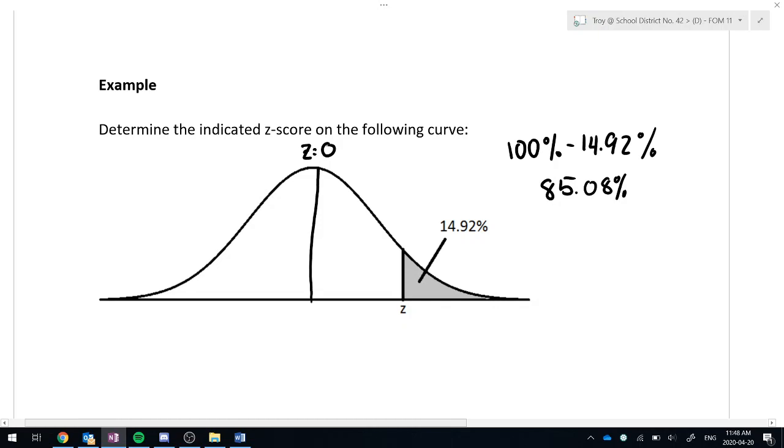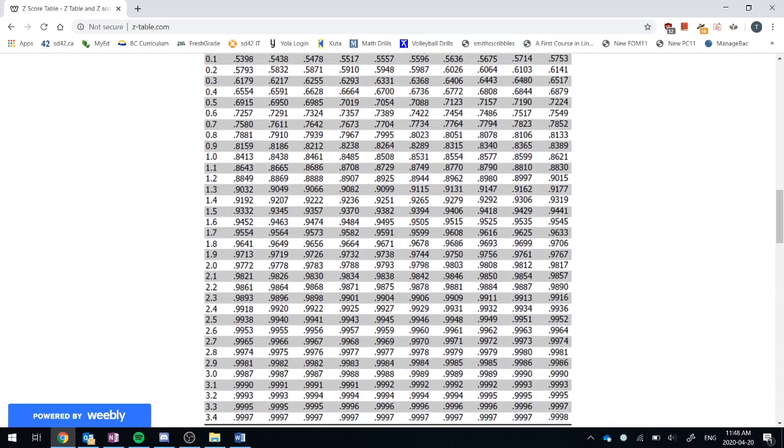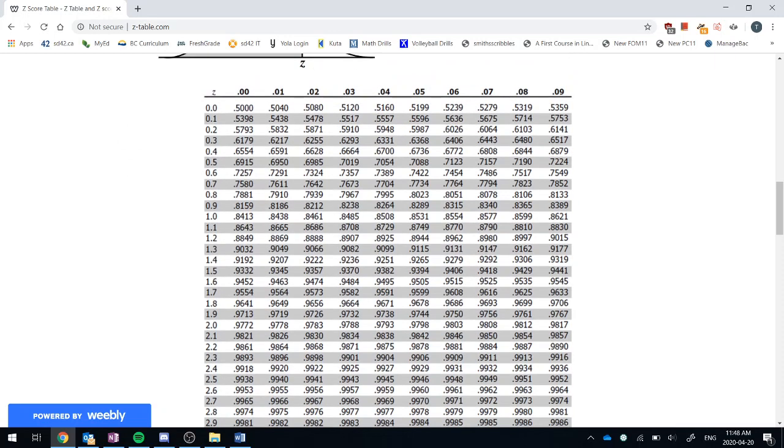So we're going to look for 0.8508. There's 0.8508, right there. So that's going to be 1.04, right? 1.04.